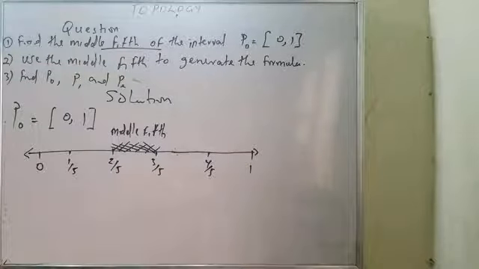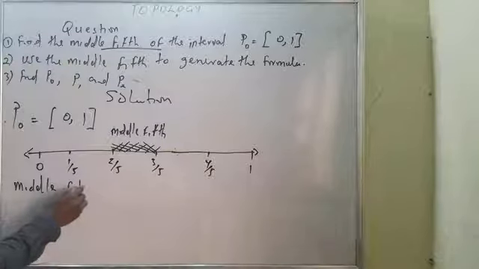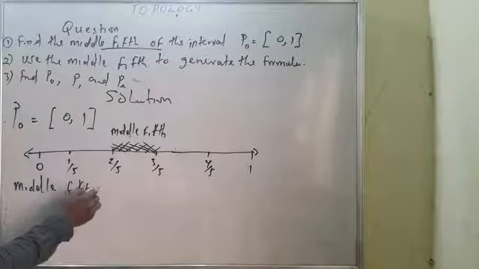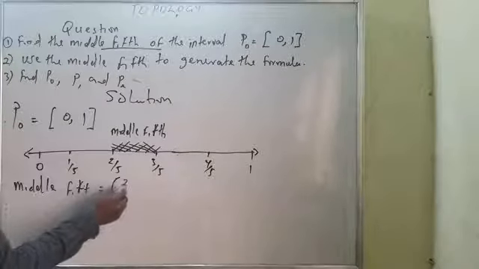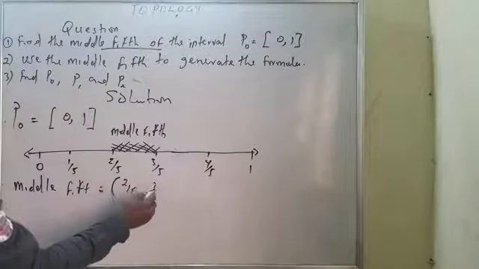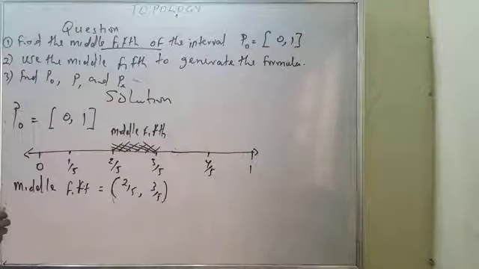Now, the next thing I need to do: my midpoint fifth will be equal to 2 over 5 and 3 over 5. Can you see? That is all. Now, if I'm to generate a formula, you can generate it from what I just told you.